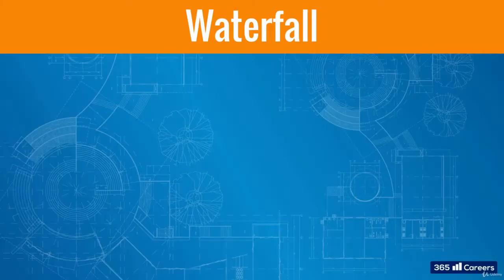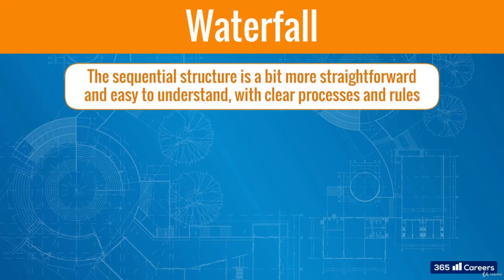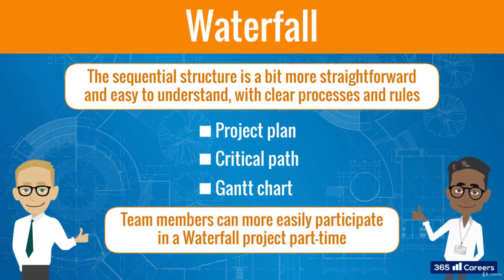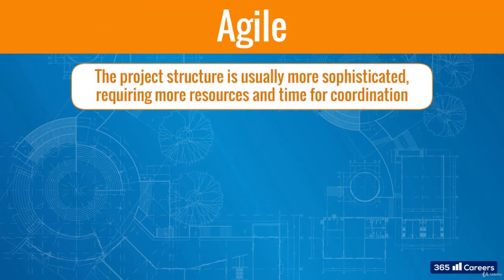That would also often be the case from a resource perspective, as the sequential structure is a bit more straightforward and easy to understand, with clear processes and rules like project plan, critical path, and Gantt chart. Furthermore, team members can more easily participate in a waterfall project part-time. The project structure in an agile environment is usually more sophisticated, requiring more resources and time for coordination.